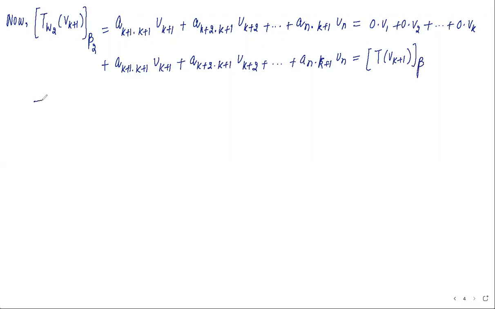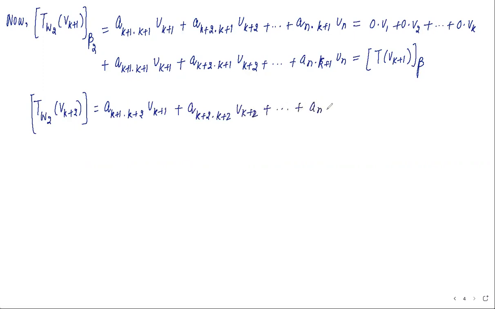Now similarly, T of v_{k+2}. Now this is again equal to a_{k+1,k+2} v_{k+1} plus a_{k+2,k+2} v_{k+2}, then plus so on a_{n,k+2} v_n.